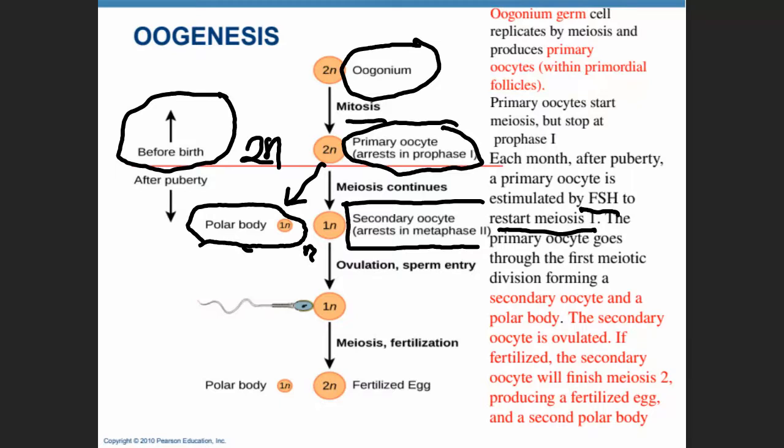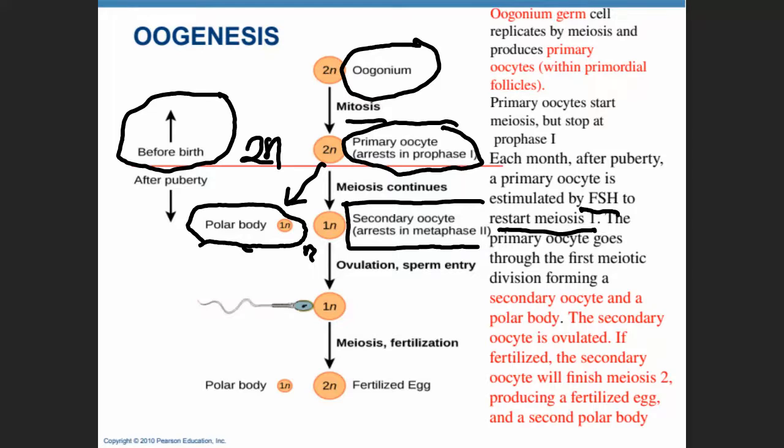In spermatogenesis, each division creates a working, functional cell. So we end up with 4 spermatozoa per spermatogonia. Here we're in the process of making 1 ovum per oogonium.